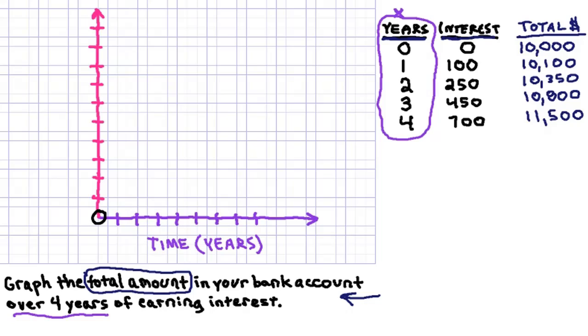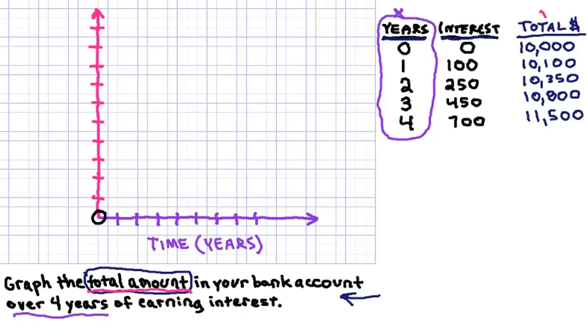Okay, now, so for your y-axis, the pink line in the graph that goes up and down, what would we be putting for the y-axis? Now remember, the question asks you for graphing the total amount. So on your amount line, or your y-axis line, we're going to have the total amount, not just the interest earned.